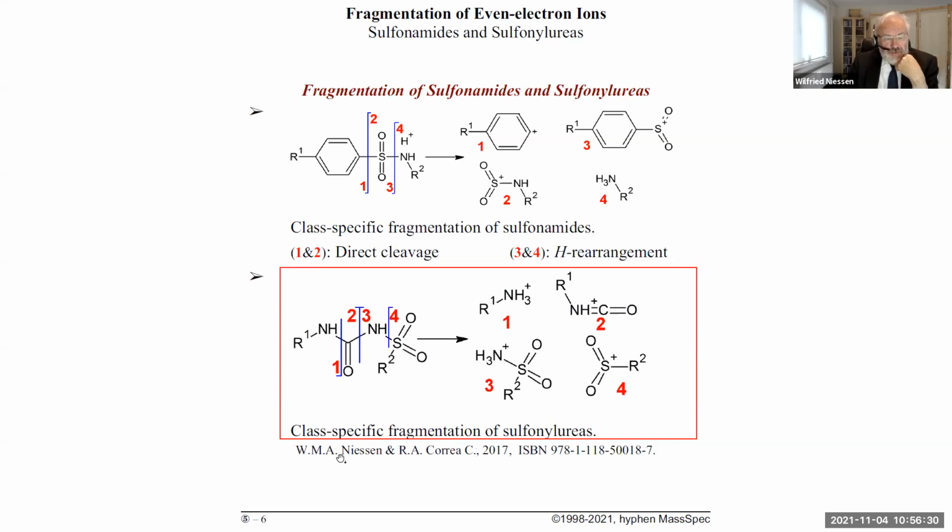A special class of sulfonamides, you could say, are sulfonylureas, and sulfonylureas can have various cleavages.